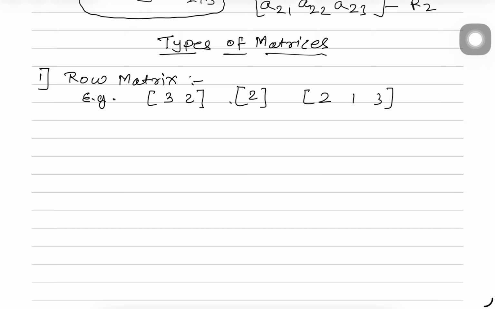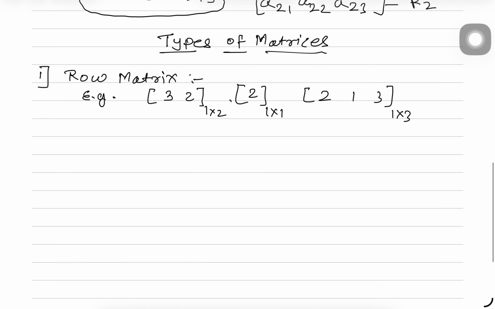So first I will write down the order of all these matrices. So 1 cross 2, 1 cross 1, 1 cross 3. For a row matrix, the number of rows is only 1. R cross C, the number of rows is 1. So it is a row matrix.